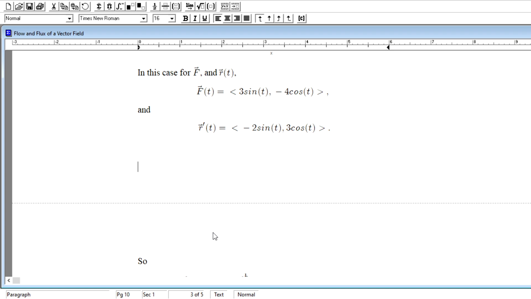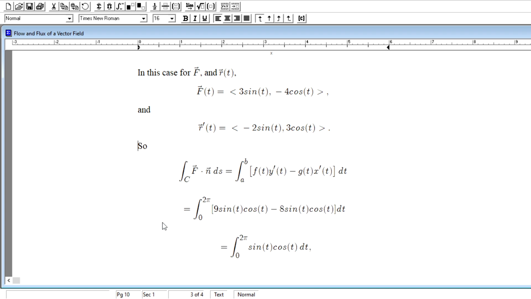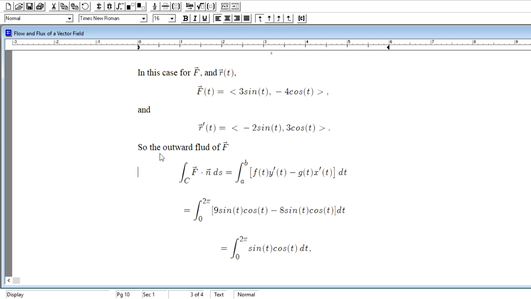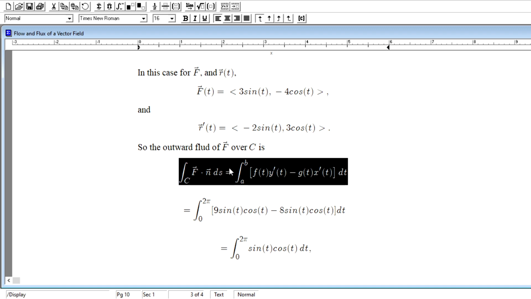And my flux calculation in this case, so the outward flux of f bar over curve C is this value right here, which is again going to be that integration that was set up in the above theorem.